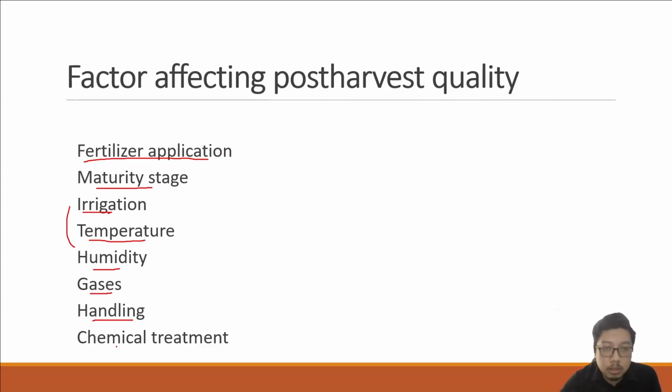This is usually done for papaya that is exported to other countries. For local sales it might be less, however for export, there will definitely be a chemical treatment to suppress that fungal growth.